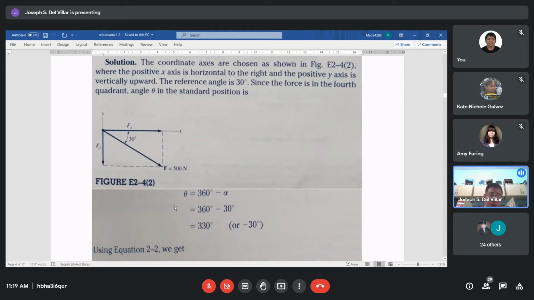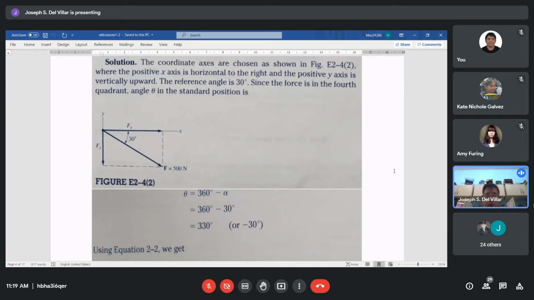Now, 30 degrees below the positive x is also the same as negative 30 degrees. Why negative 30 degrees? Because if we start from x, we go in the clockwise direction, and that is 30 degrees. Now, in trigonometry, if the direction of the angle is clockwise, that is negative.